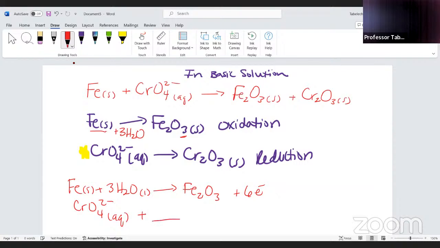So I'm going to leave a line there, and then I'm going to draw an arrow, and I'm going to write Cr2O3, okay? Now, what you're going to do, remember, you've got 3 oxygens on the right-hand side, okay? But you've got 4 on the left-hand side. So what are we going to have to do? We're going to have to add 1 more water molecule over here on the right-hand side in order to balance out the oxygen atoms, okay?